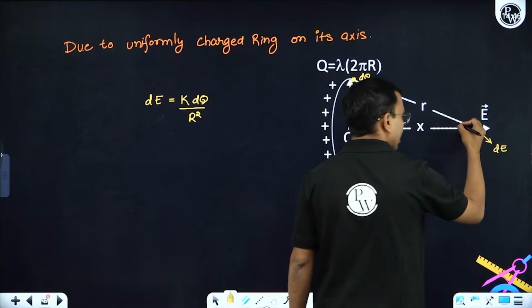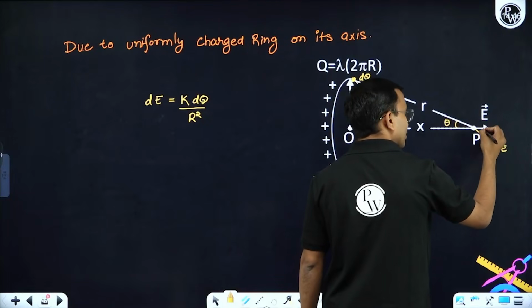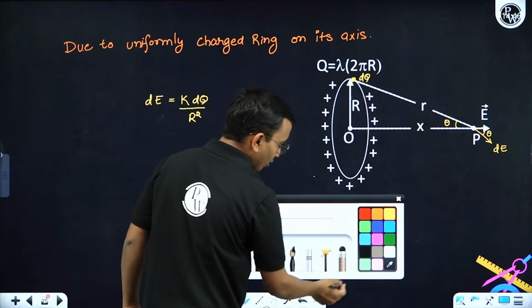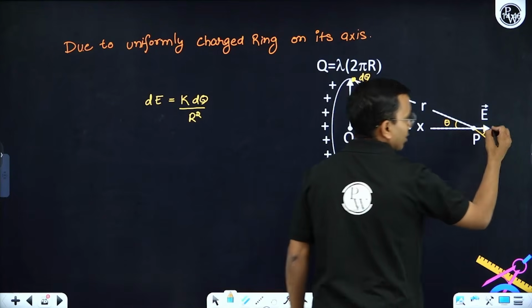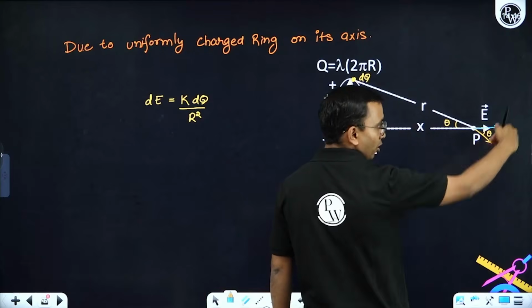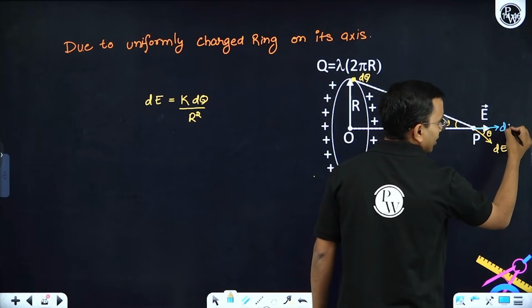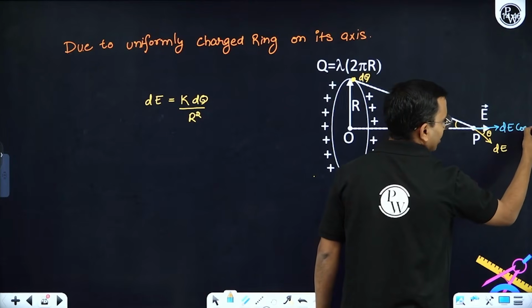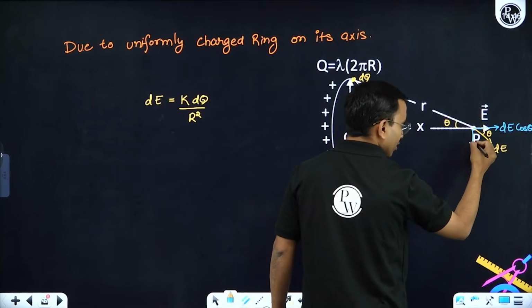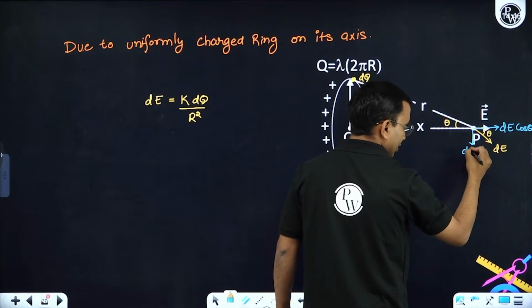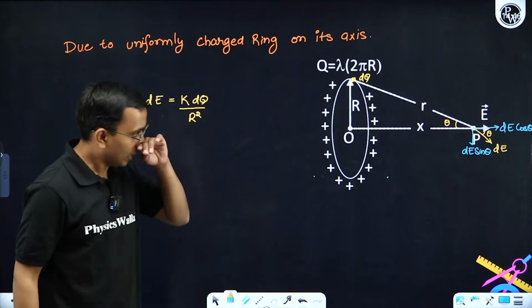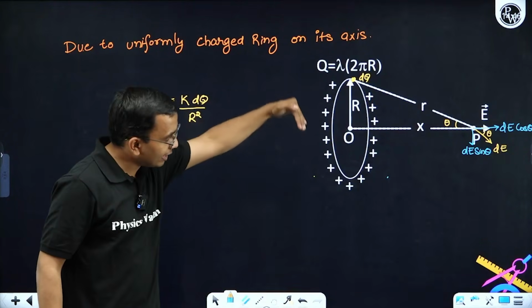If this angle is theta, we need to take the components of dE. The horizontal component is dE cos theta, and the vertical is dE sin theta.